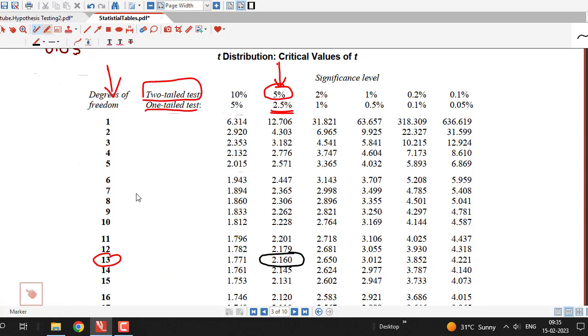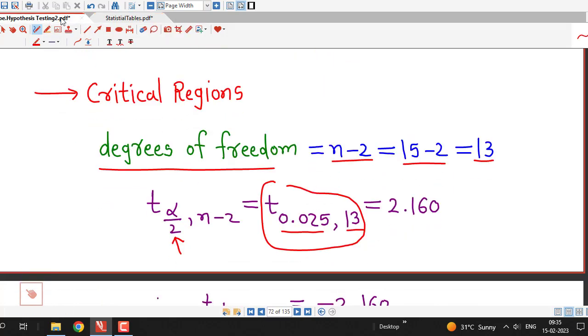Value of test statistic t 0.025 and 13 degrees of freedom is 2.160, and it is already given in the question, so you don't have to use a table here, but this is just for understanding.